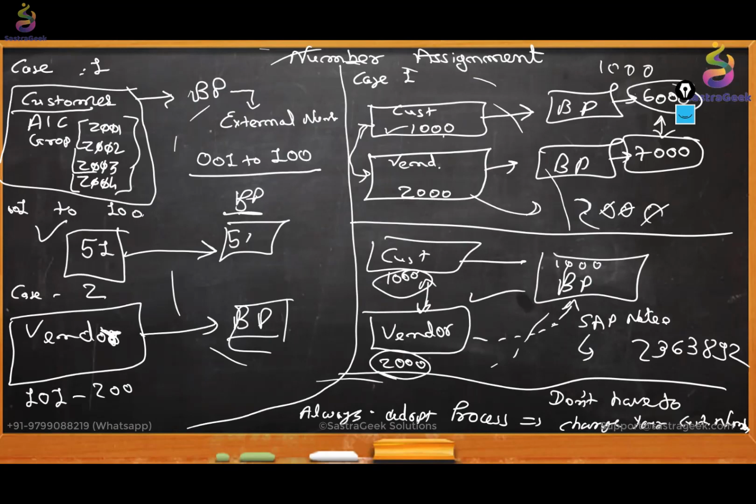It will just combine your vendor number 2000 to your business partner 1000 automatically, because all the prerequisites are matching. So this is majorly what that SAP note says. This was a question asked by Pralay at that time, so I just thought to describe it a bit.